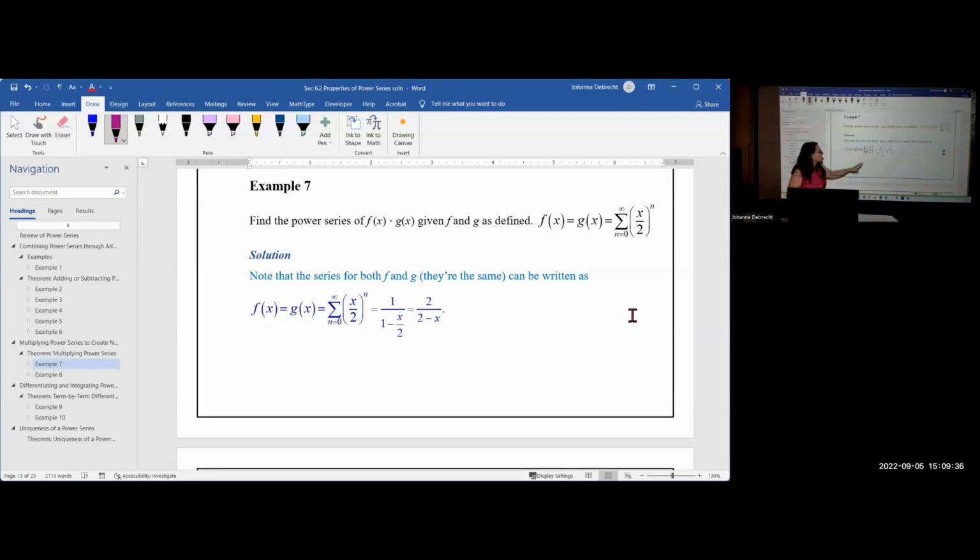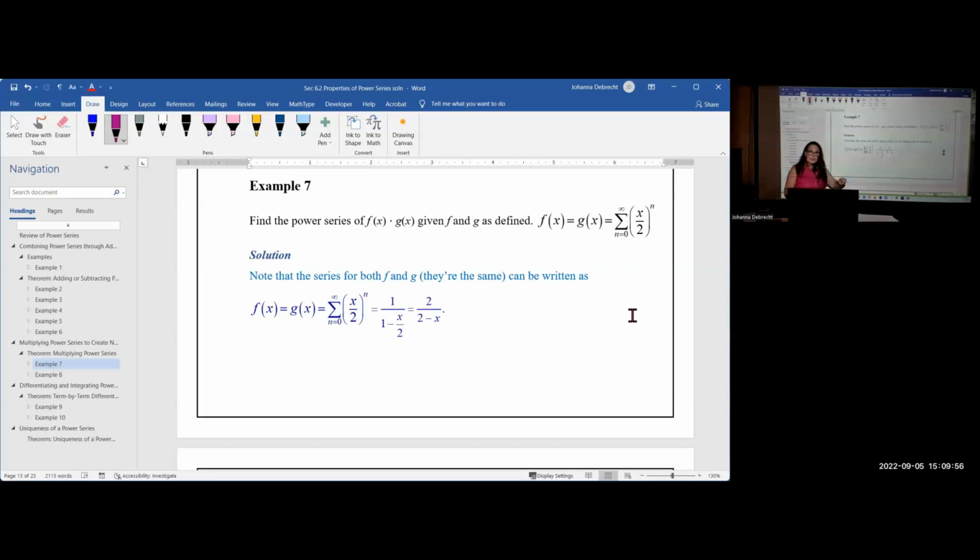So again, we know that we're replacing x with x over 2. So we write the power series representation. It did start at 0, so it should have the power series representation 1 over 1 minus x. So this gives us 1 over 1 minus x over 2, which becomes 2 over 2 minus x.